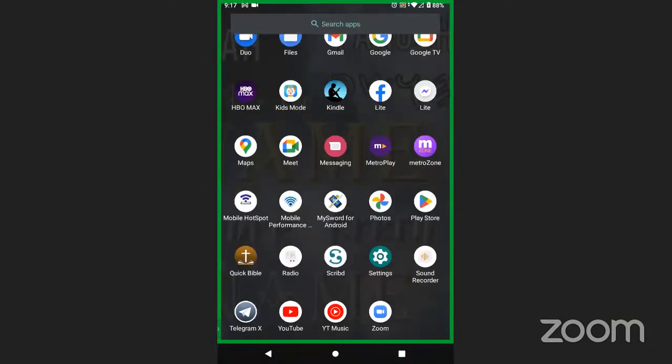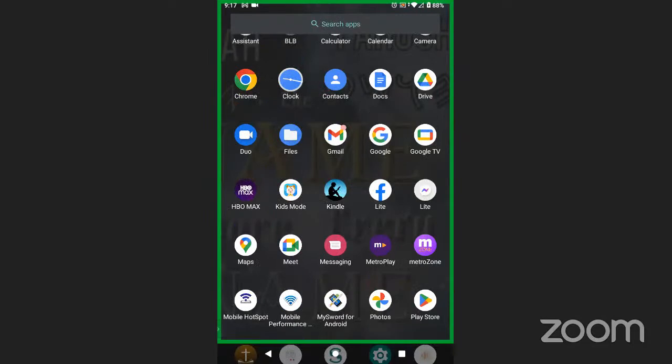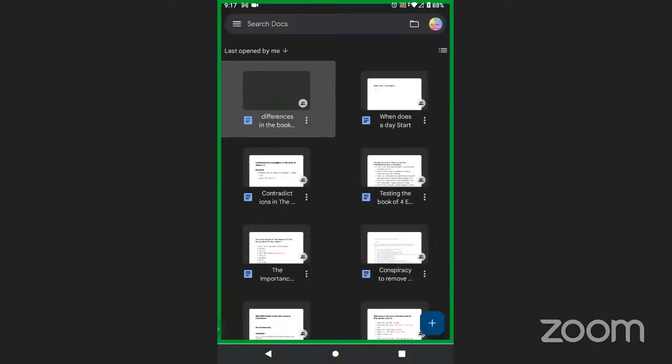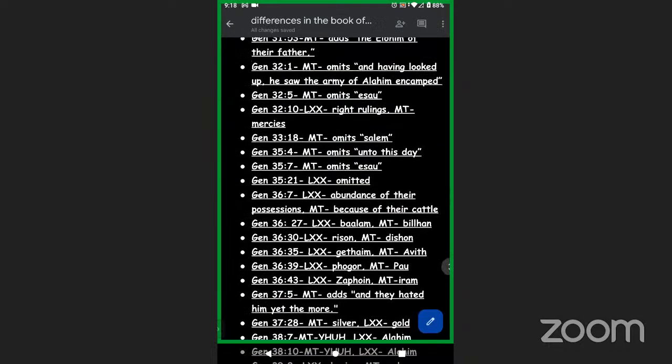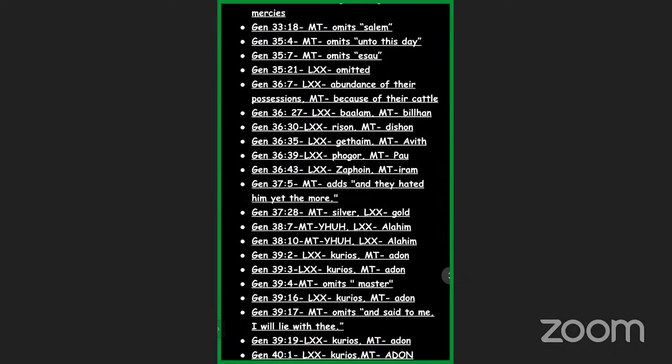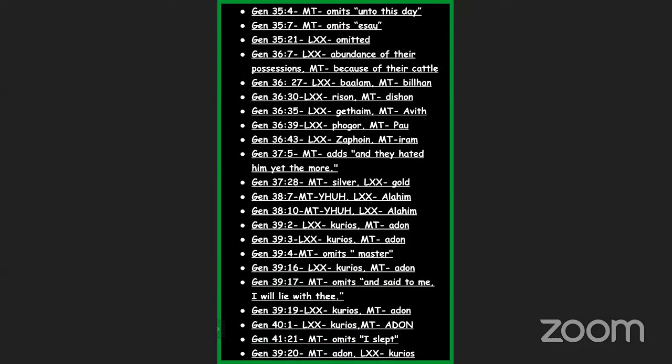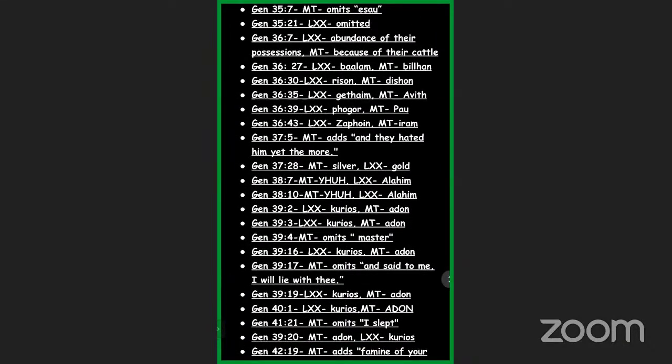That could be a translator bias there, because Brenton is British, so he's probably trying to find the best word in their language for that. Could have made a mistake there. But the bigger part of that verse, the problem is "unto this day" is not there in the Masoretic. Genesis 35, verse 7, Masoretic text again omits Esau. We'll move on from that since we've already seen that before.